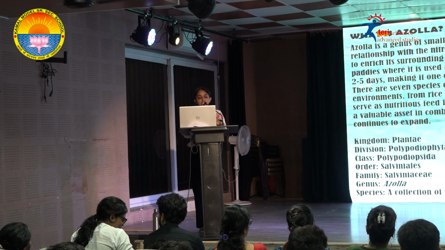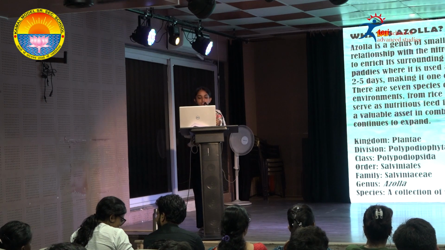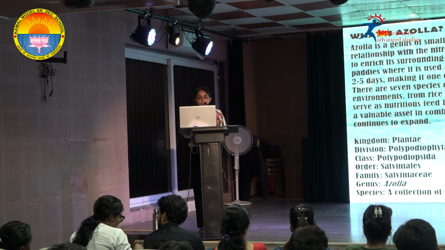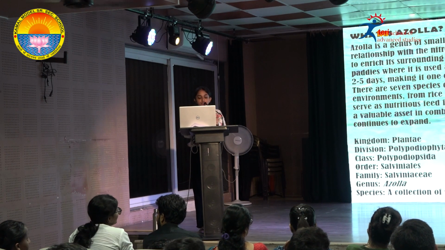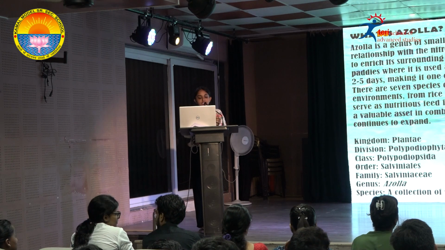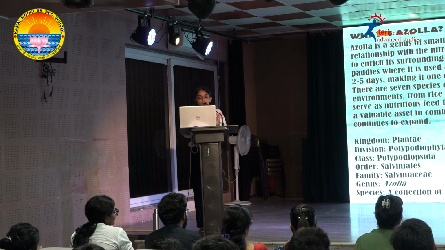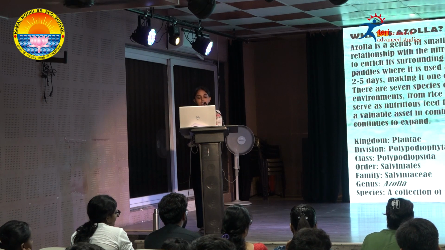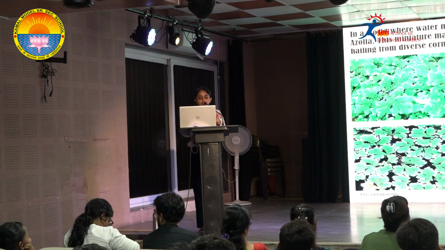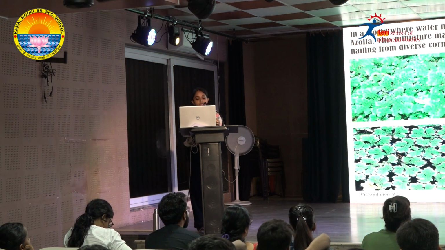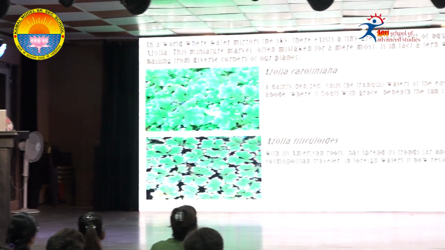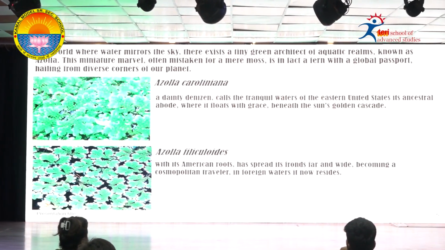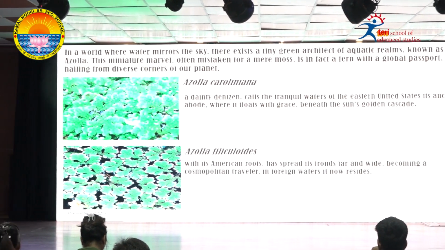Let's turn a new leaf in our story and focus on the diversity within the Azolla family. Among the green tapestry of our planet, there are 7 distinct species of this remarkable fern. However, it's 4 of these species that often capture our attention, flourishing across various water bodies around the globe. So, the first one is Azolla caroliniana.